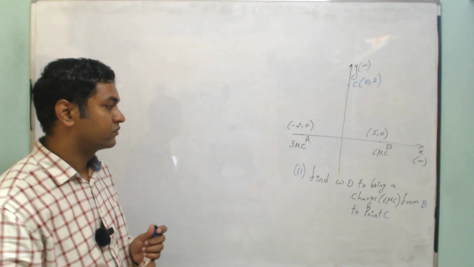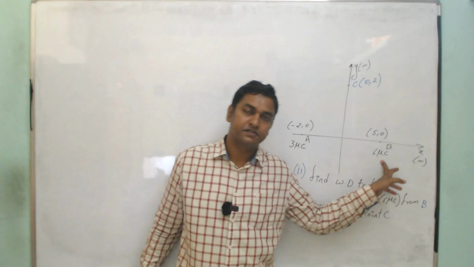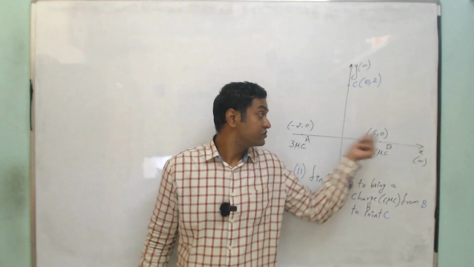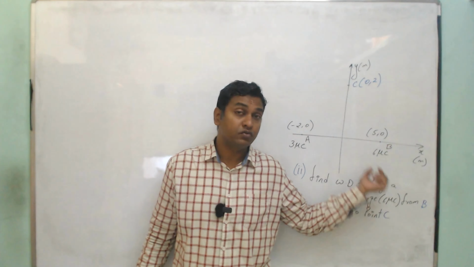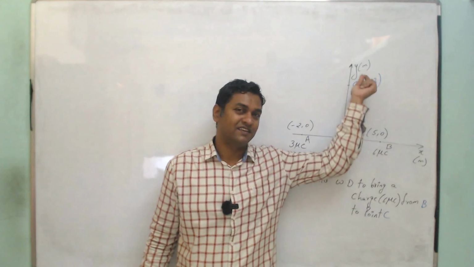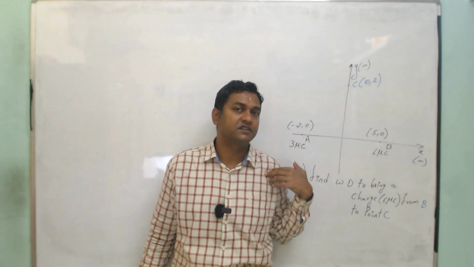Same charge, 6 microcoulomb. So what am I doing with 6 microcoulomb? From B, I am taking it to C. So how much work is done by an external agent? We have to find.